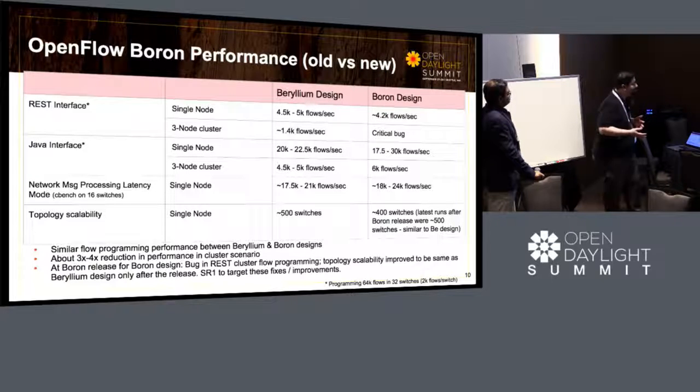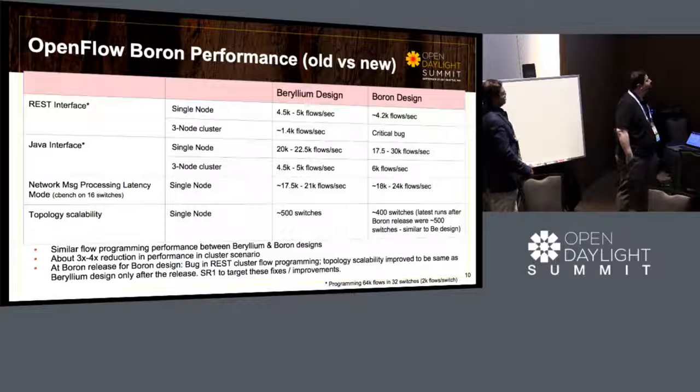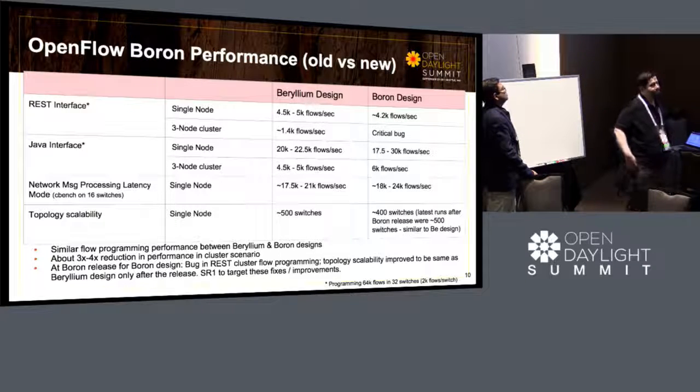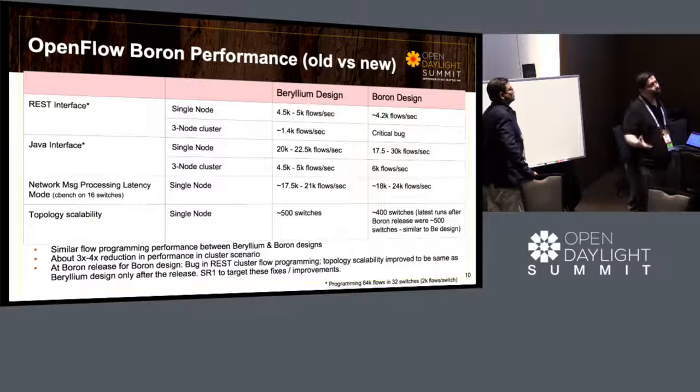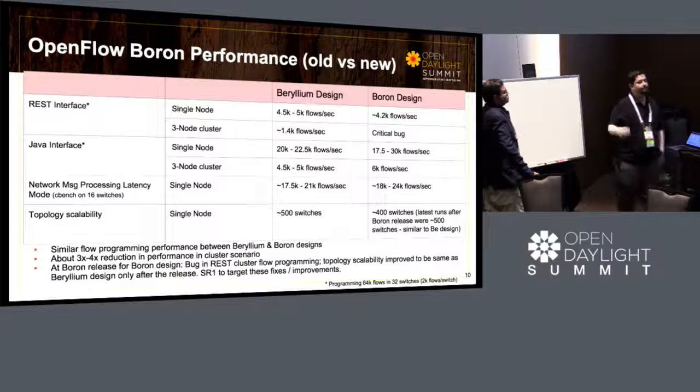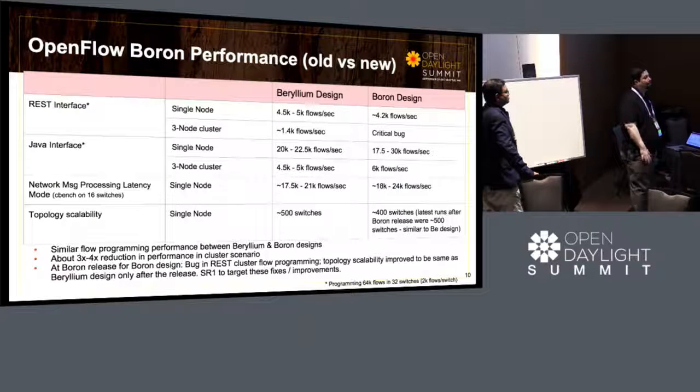In the clustering situation, however, the tests tend to have a huge drop, so we need to look into that as a bug. It's also possible that the clustering tests are a little pathological, in terms of where the test is done and where the flow programming happens, which controls the node. But it's something that we need to look into.